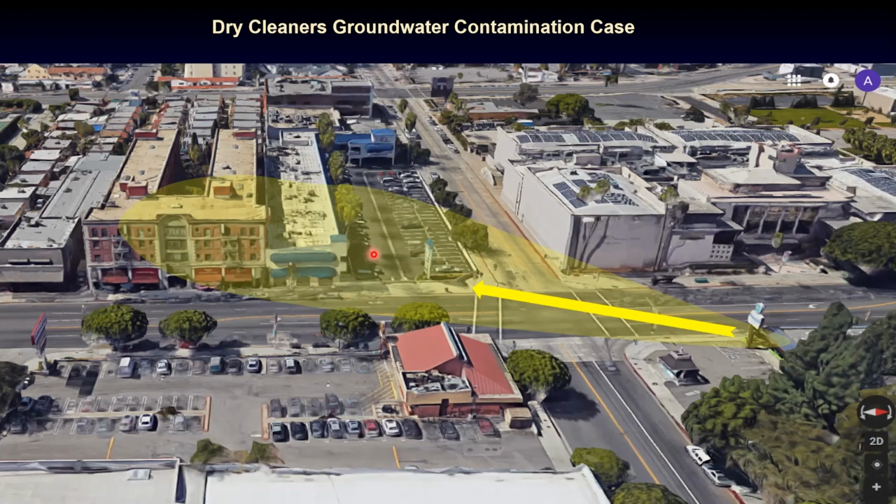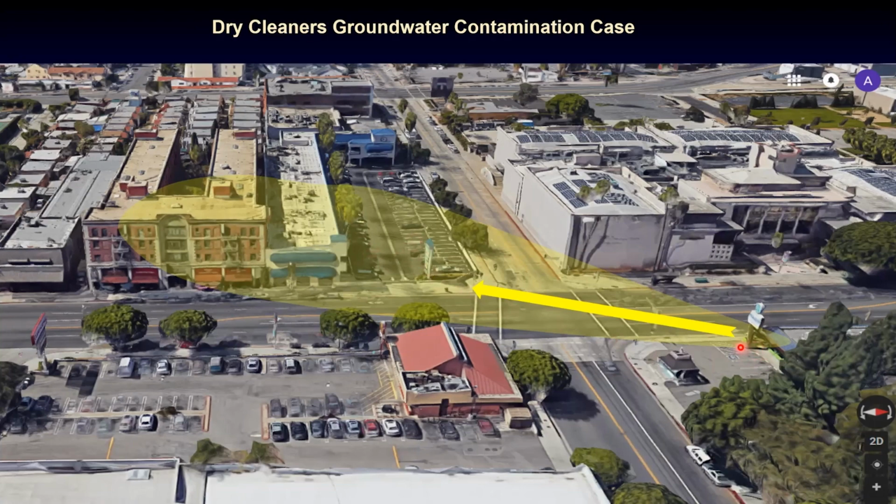The bank refused to refinance because there was knowledge of contamination under the property. Groundwater that was contaminated, and the bank says we are not financing it. The contamination came here from across the street. Here is a dry cleaner.